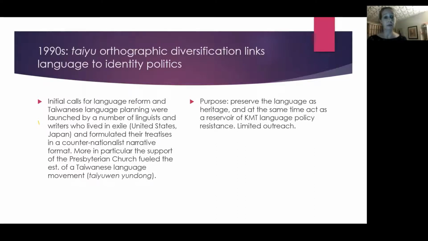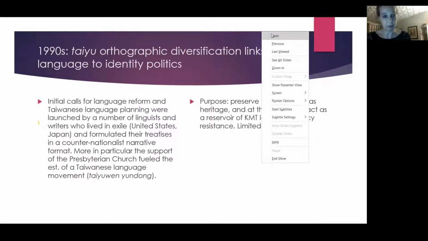And apart from the support of the Presbyterian Church, as I've just mentioned, who were active in the establishment of a Taiwanese language movement, there was also an interest or push from a number of linguists, writers, intellectuals, and cultural activists who were living in exile, mainly in the United States and Japan, and who linked up with supporters within the Christian church.